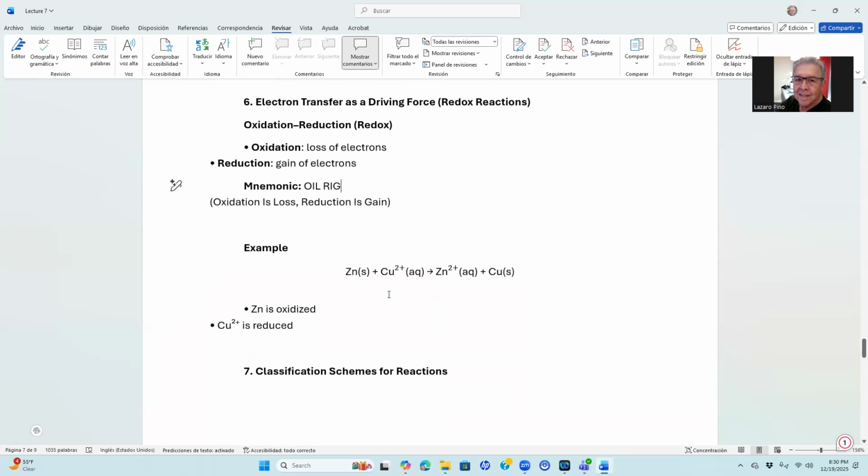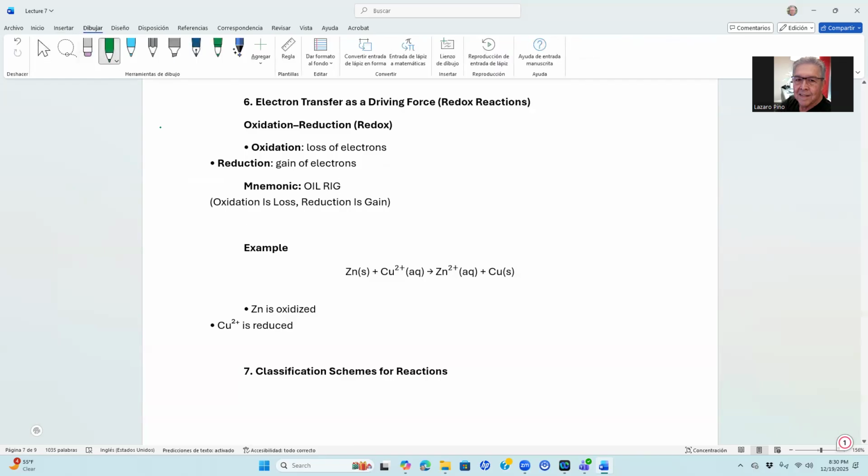equations. For example, here you have the zinc. We consider that the oxidation number of a metal in the free state is 0. And here we have copper, that is 2 plus. In the products we have zinc 2 plus and copper solid, whose oxidation number is 0. Then zinc goes from 0 to 2 plus.